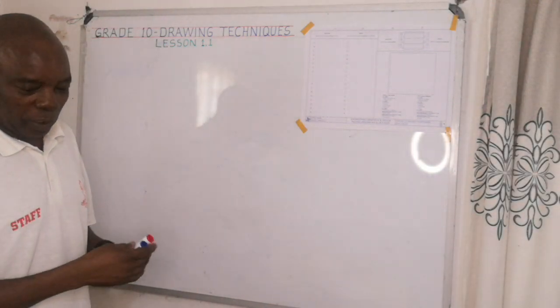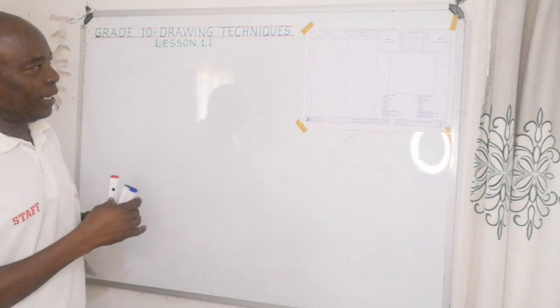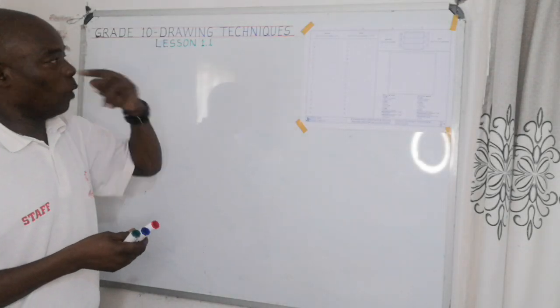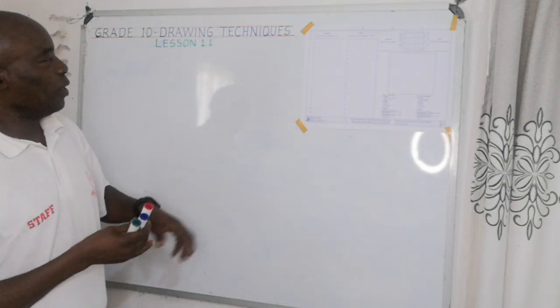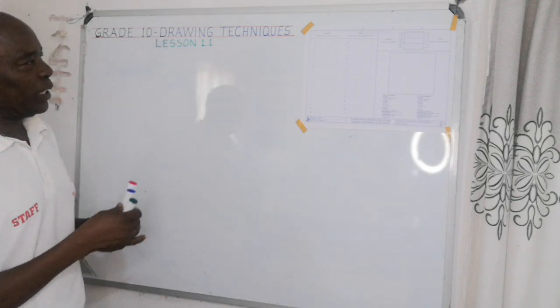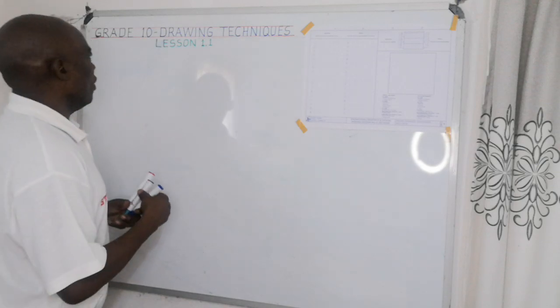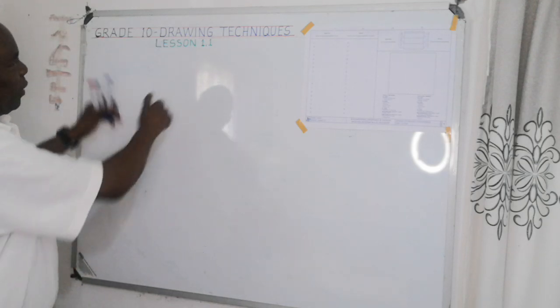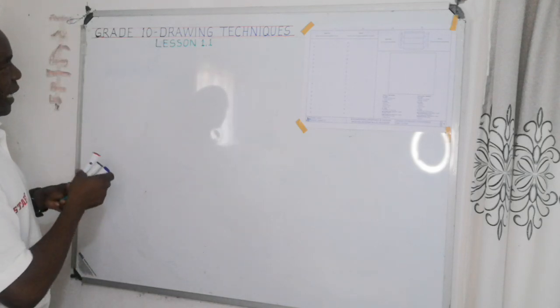In your workbook, you have got squares lightly drawn. I don't think this is visible. But in your workbook, as you are having it, you'd notice that there are some boxes in which you print. So, I'm going to just draw without guidelines.